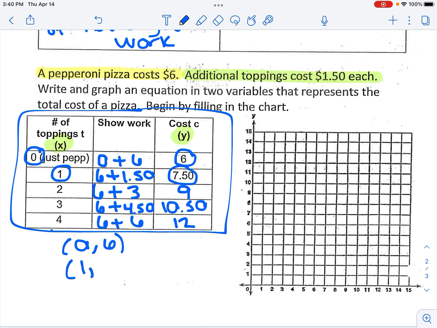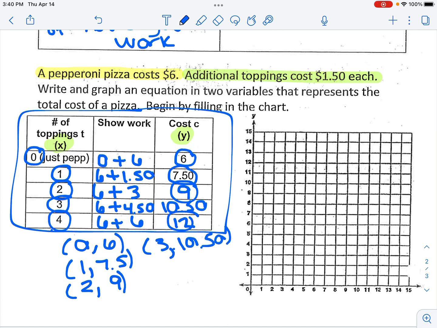So if X equals 1 and Y equals 7.5, where would that fall in the graph? If I get 2 toppings, that would cost $9. If I get 3 toppings, that would cost me $10.50. And getting wild and crazy, 4 toppings, I would owe $12 for my pizza.